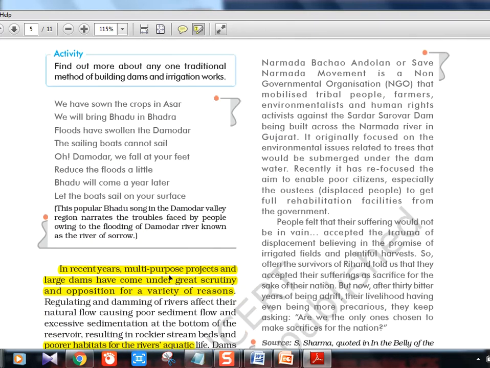Then Narmada Bachao Andolan, as I told you, here some details are given. It is an NGO that mobilized tribal people, farmers, environmentalists and human rights activists against the Sardar Sarovar Dam being built across the Narmada River in Gujarat. This was recently inaugurated, which is why it was in the news. I think the project was started in the time of Jawaharlal Nehru and did not get completed. After the Modi government came, the problems were resolved.